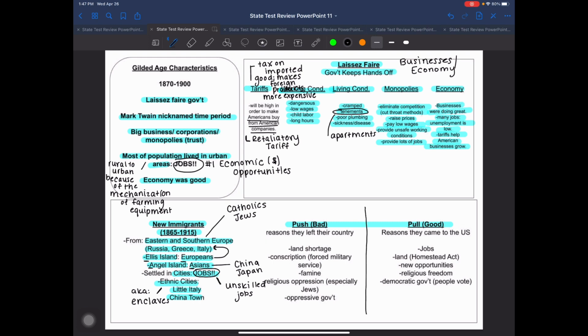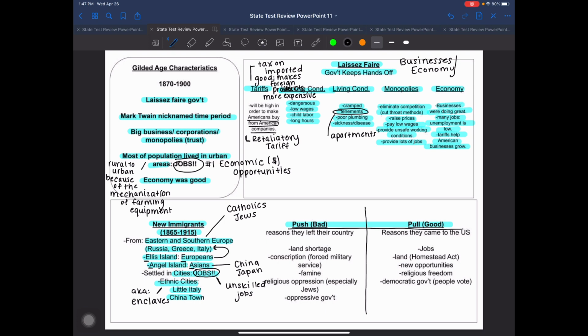So what I'm actually going to do is split this and turn this into a T-chart. What they like to do on state tests every now and then is to put a chart that is blank on there and give you things listed off to the side, and you have to put those things in the chart where they belong. Well, one of the charts that they may use is a push and pull effect chart.